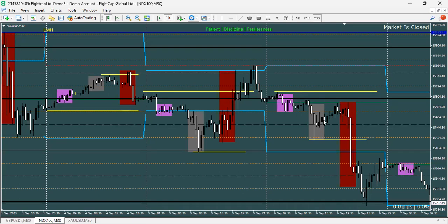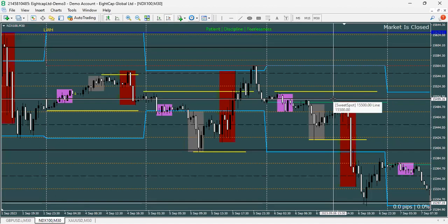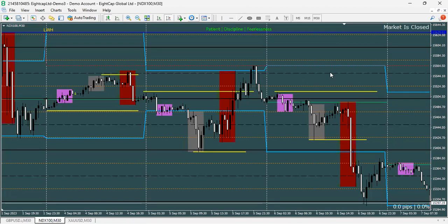Like I told you guys, I'm looking at price action inside of my 100 pip box. From here to here is our 100 pip box.